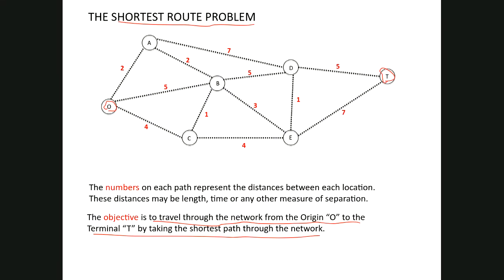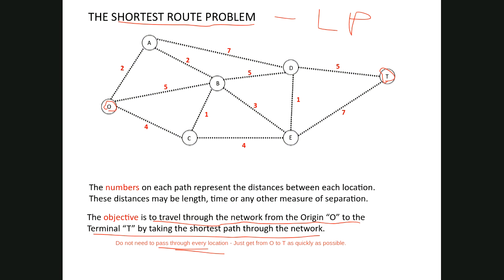So that's the key thing. We do not need to pass through every location, or we do not need to connect every location. All right. And this we are going to solve with our linear programming. We are going to use linear programming.